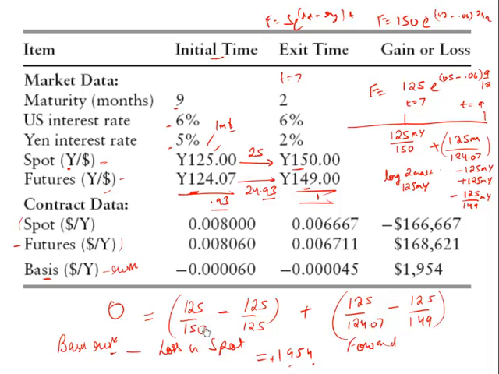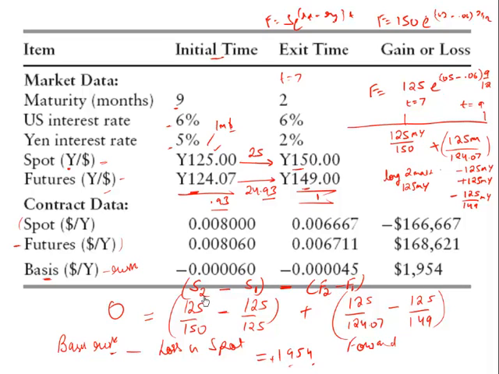So please note that the gain in our spot position, or rather the loss in our spot position, will be given by S2 minus S1. This will be combined with the gain or the loss on the forward position. So you can write it as minus (F2 minus F1), because if we are long here, we would be short in the forward.